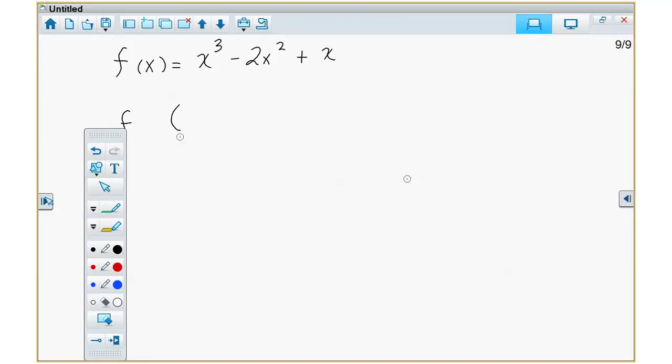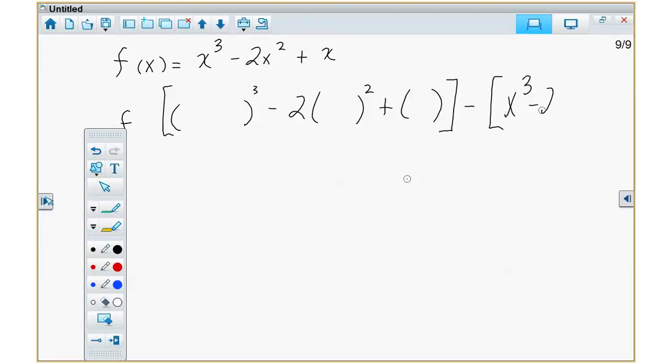All right, parentheses cubed minus 2 times parentheses squared plus parentheses, that's my f of x plus h, minus f of x, which is x cubed minus 2x squared plus x, all over h.